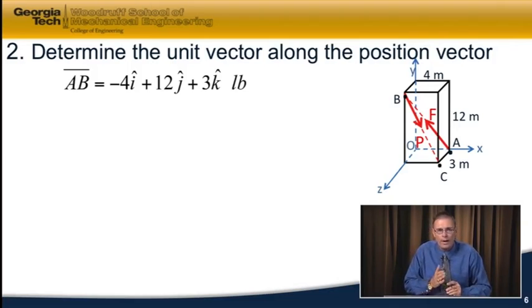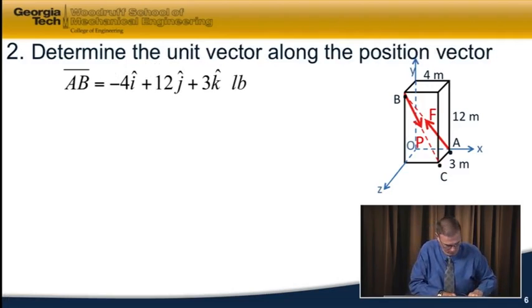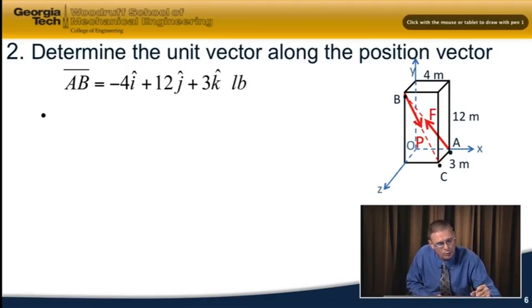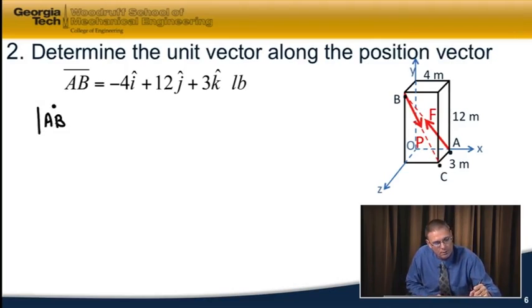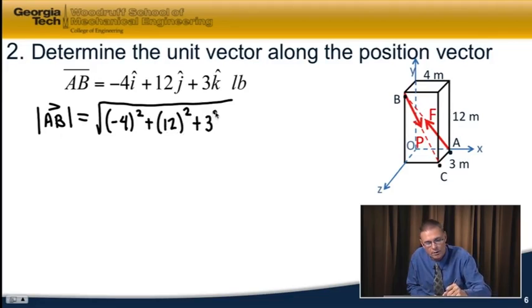Okay? And here I've written it again. Once we have that, now we want to find a unit vector in the direction of that force F. And the way we do that is that we divide the position vector by its magnitude. And so the magnitude of the vector AB can be found by taking the square root of the sum of the squares. So we have the square root of -4 squared plus 12 squared plus 3 squared, and that equals 13.